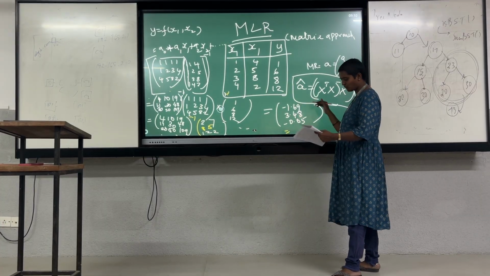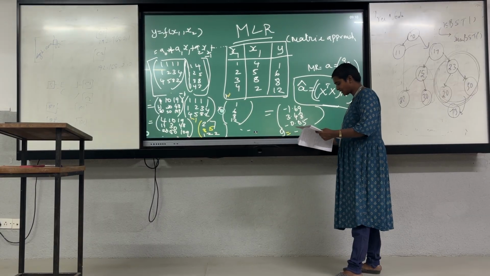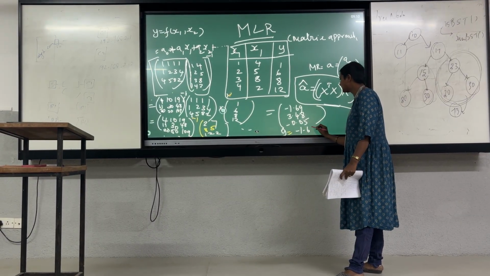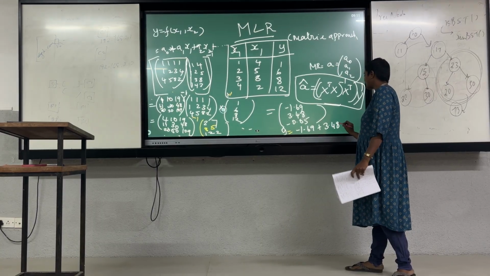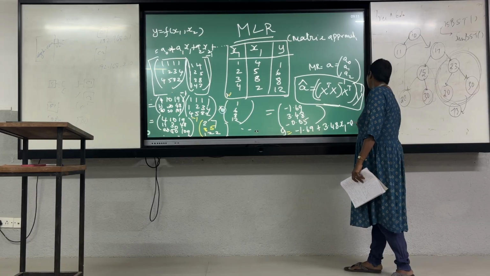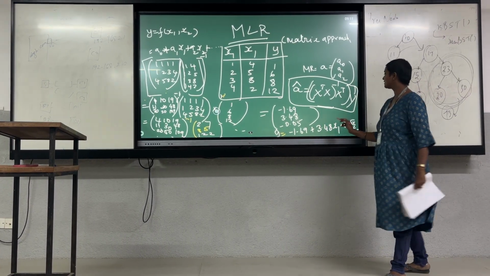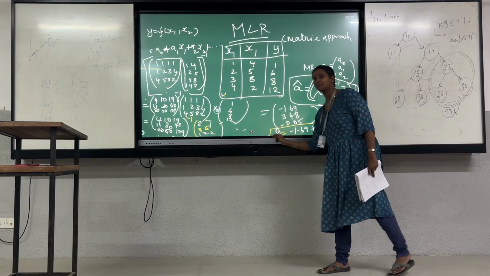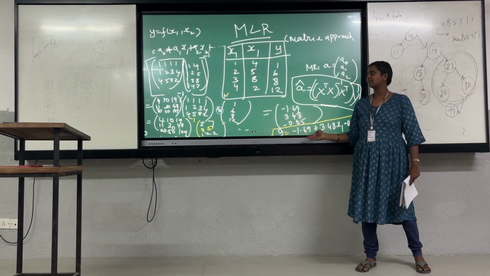Then what's the slope formula? Y cap equals minus 1.69 plus 3.48 x1 minus 0.05 x2. This is the slope of the given multiple linear regression from the given table.